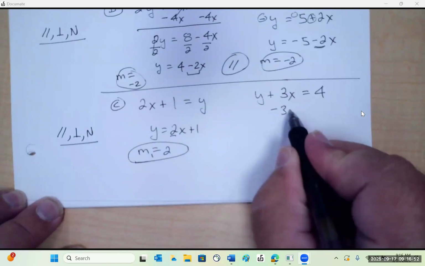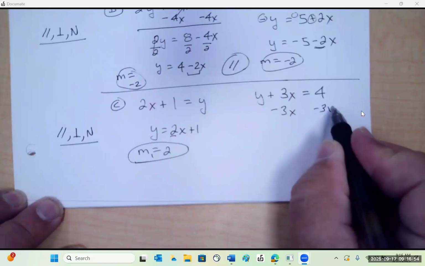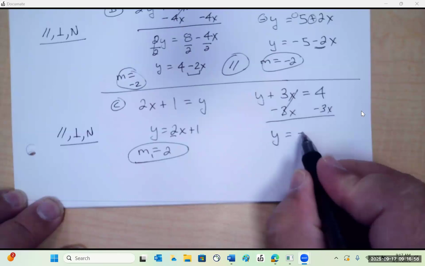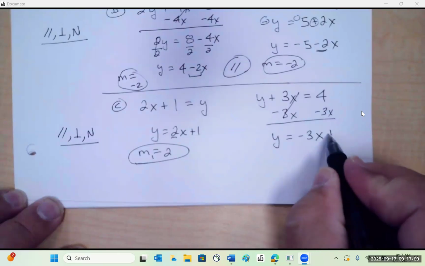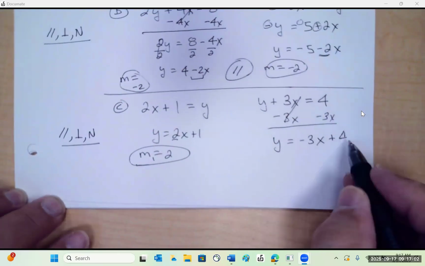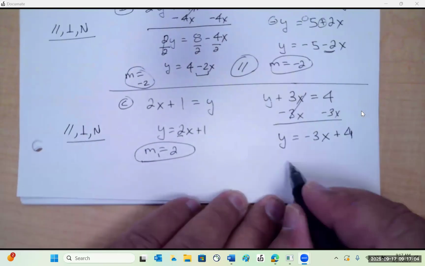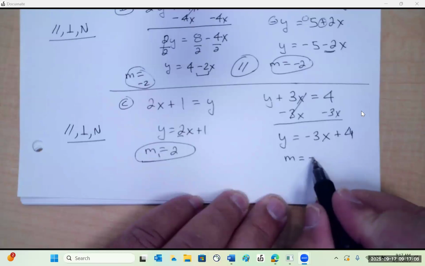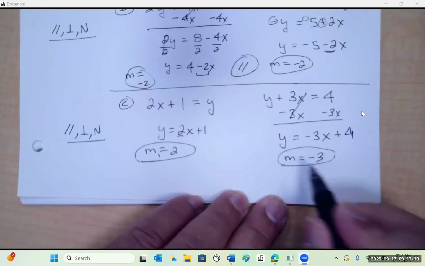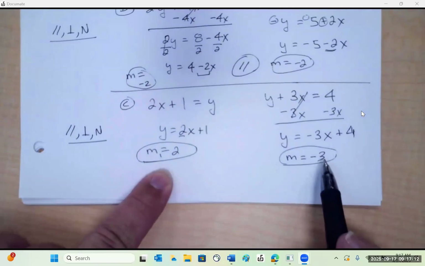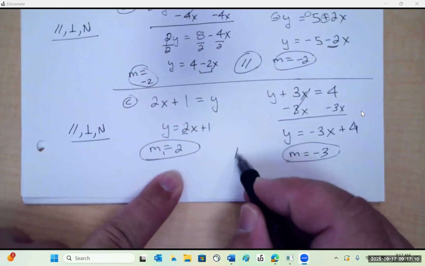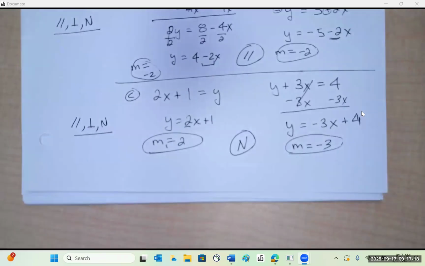Subtract 3x. y equals negative 3x plus 4. So what's the slope of the second one? Negative 3. Are they the same? Are they negative reciprocals? So it's neither.